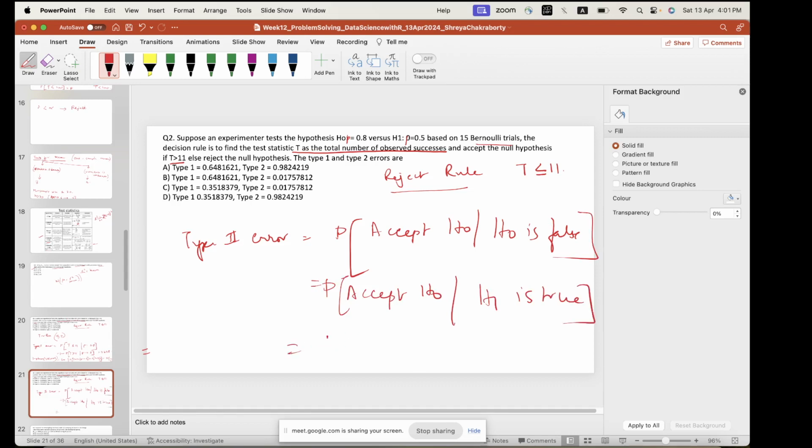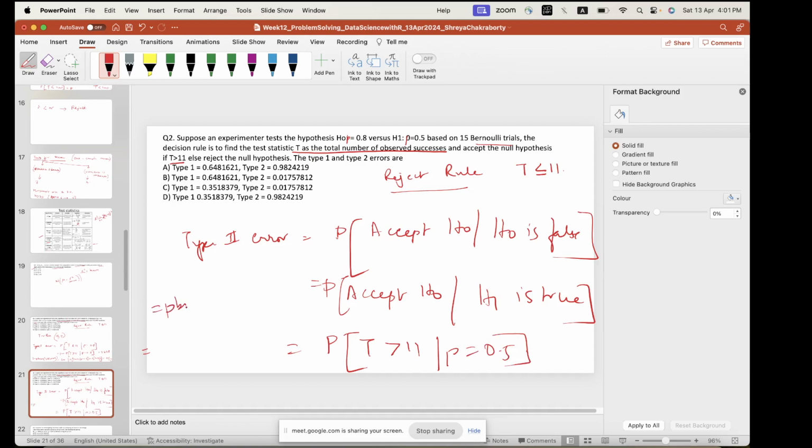So what is the acceptance rule? T greater than 11 given p equal to 0.5. Okay, so this will be actually how much?